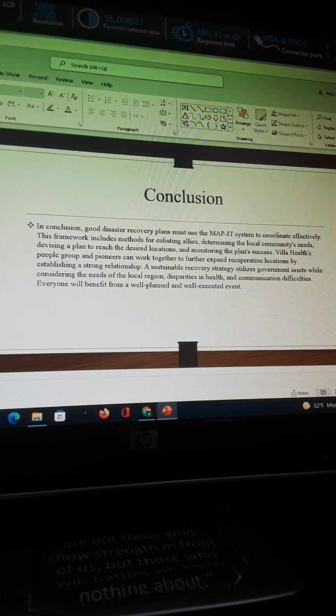Villa Health's people group and pioneers can work together to further expand recuperation locations by establishing a strong relationship. A sustainable recovery strategy utilizes government assets while considering the needs of the local region, disparities in health, and communication difficulties. Everyone will benefit from a well-planned and well-executed event.